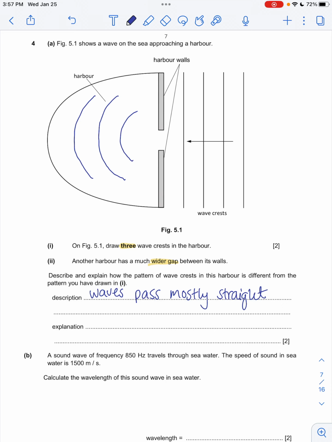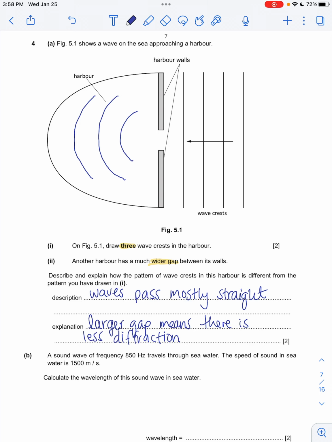And the reason why they pass mostly straight is that a larger gap means there is less diffraction. You really do want to use the word diffraction here, because that is the phenomenon that determines whether or not your waves are going to curve.